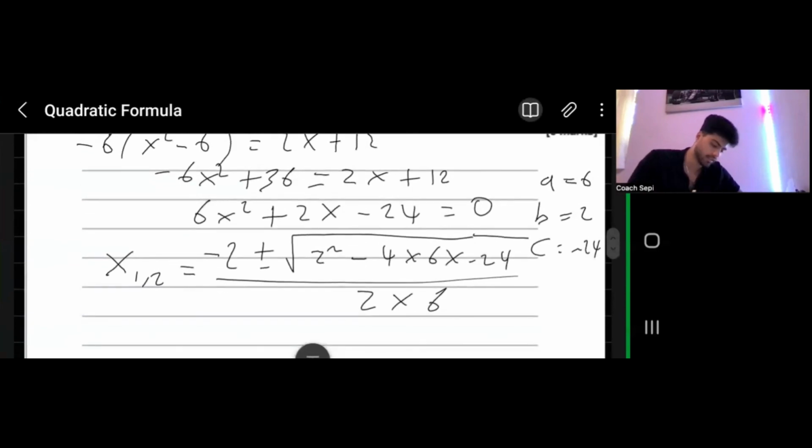And as you can see, we can then simplify this and we will have our final answer of x1 and x2 once we put it into the calculator.